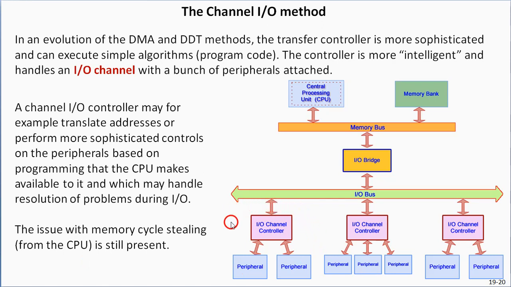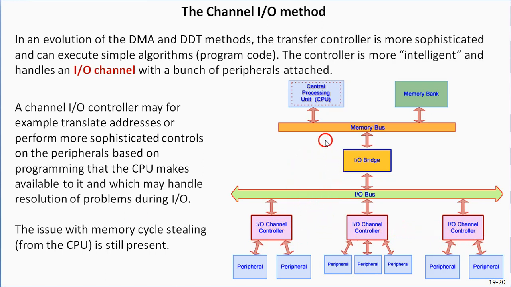A channel can include many peripherals, and the I/O controller handles the I/O for those particular peripherals. There may be many channels, each with its own controller supervisor, such as shown over here. 3 different channels, each with its own I/O channel controller.